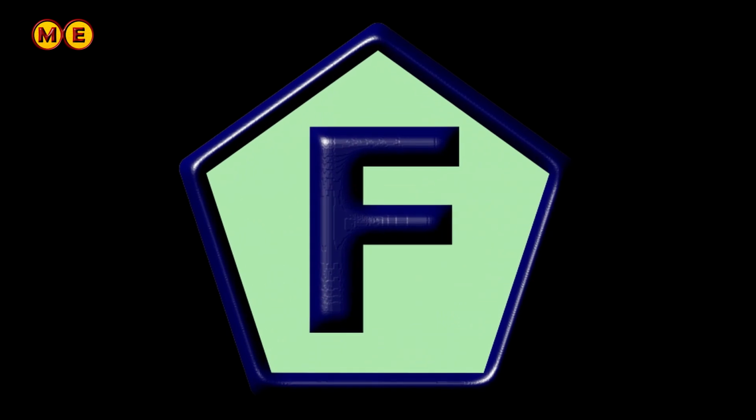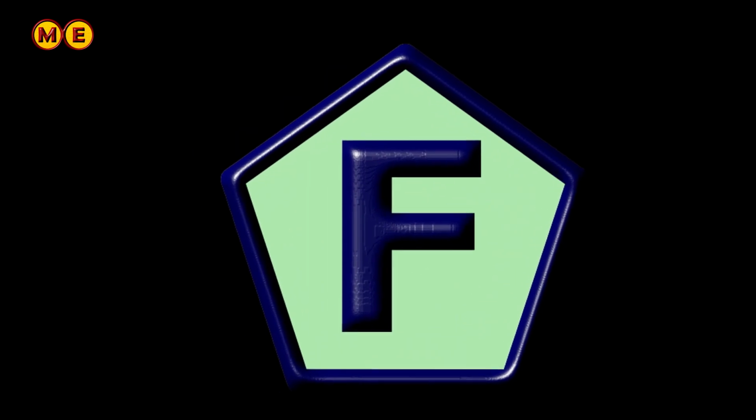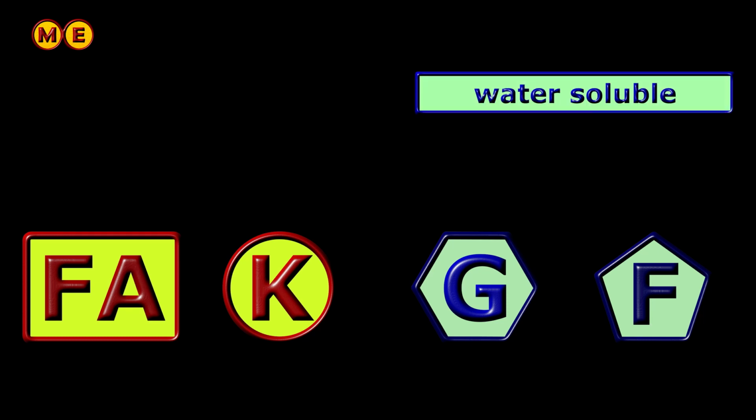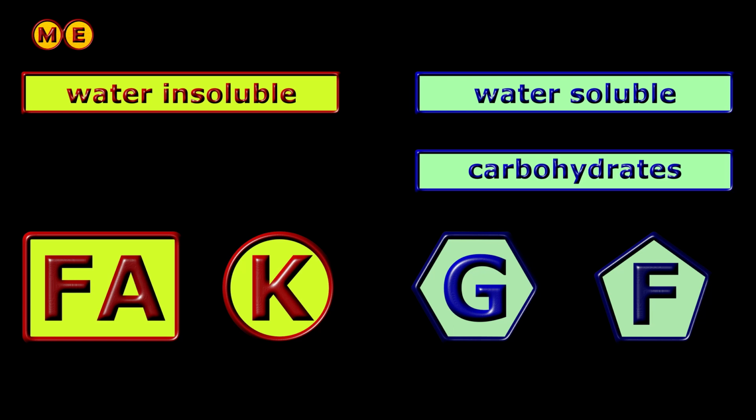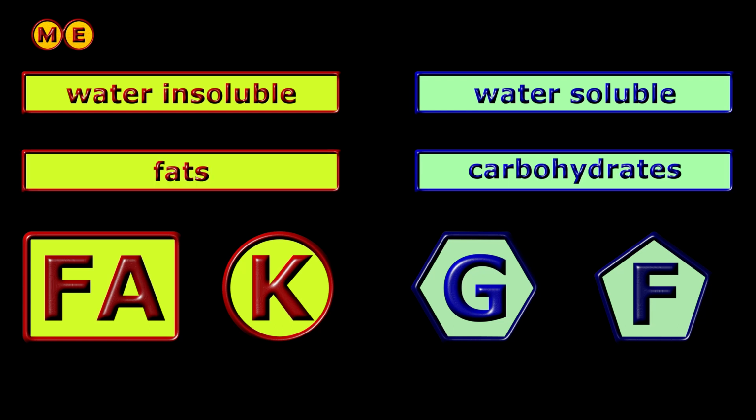Okay, now let's see what's up with fructose. I don't know if you noticed, but the whole system is divided into two: water-soluble and water-insoluble, carbs and fats. In this light, fructose, like glucose, is carbohydrate, and it is water-soluble, which allows fructose to travel freely in the blood.